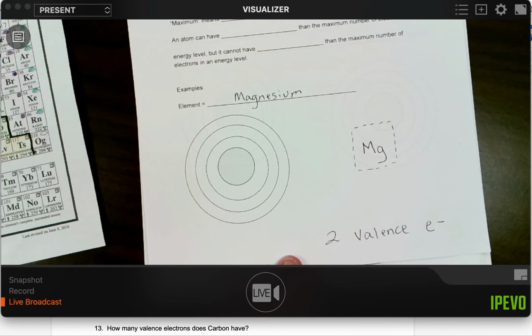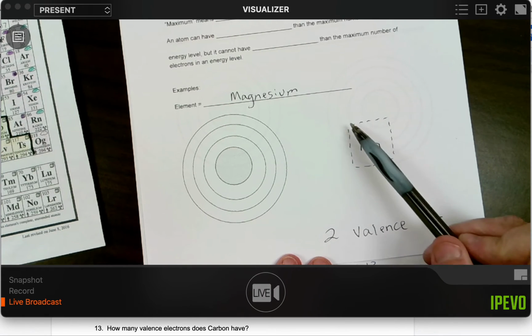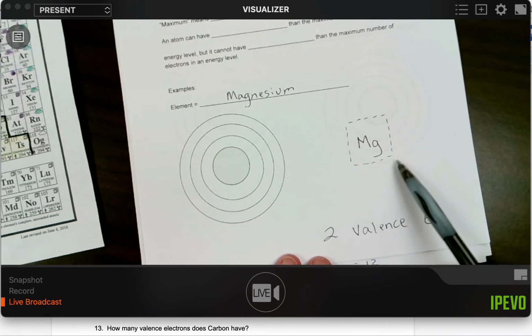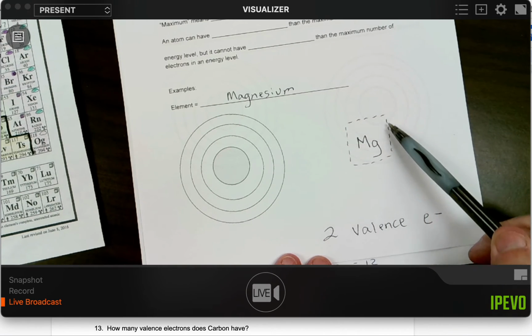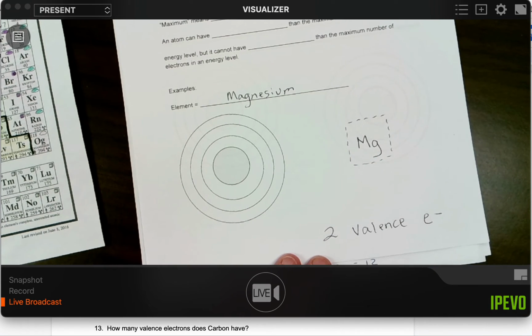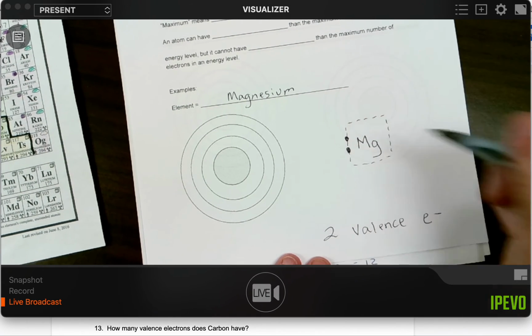Since magnesium has 2 valence electrons, I would only need 2 dots. The dots can go on any one of these lines. You don't want them in the corners. You don't want to make a circle around it. Imagine there's an imaginary box. On any of these lines, you can put your 2 dots. Okay, 2 valence electrons, 1, 2.